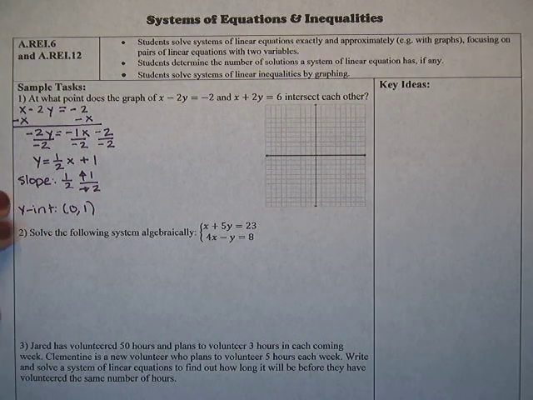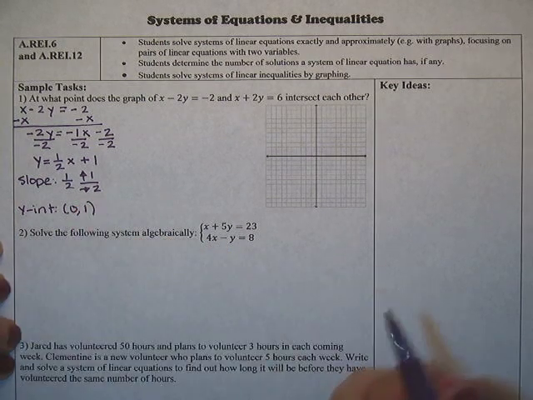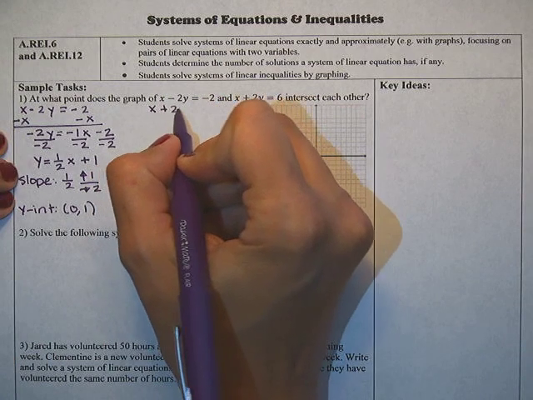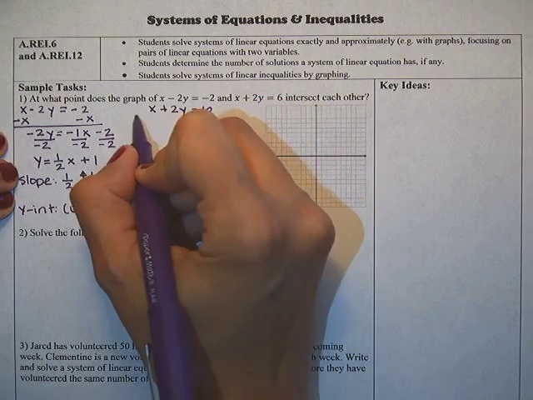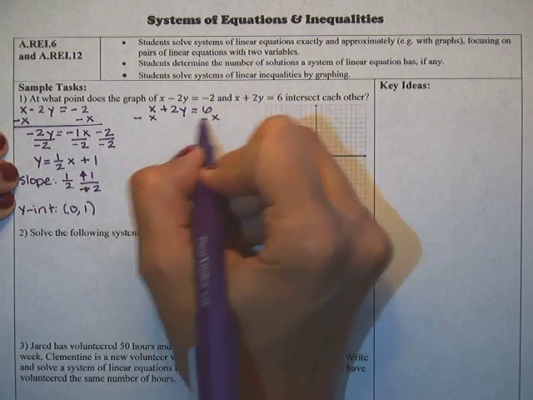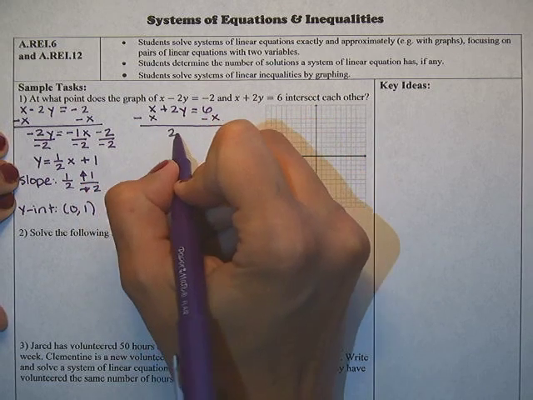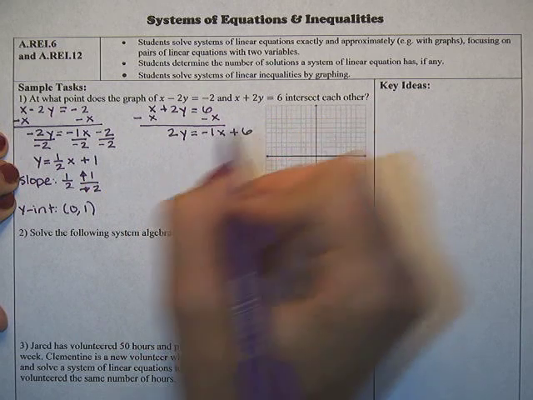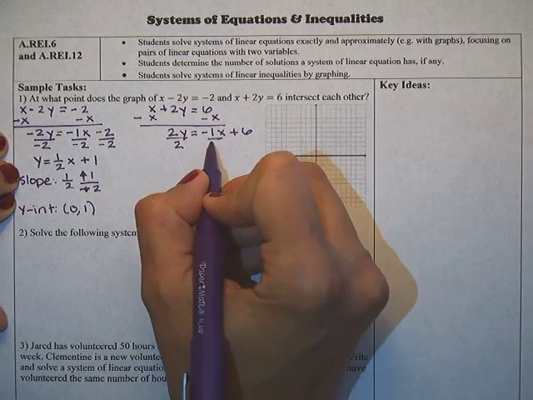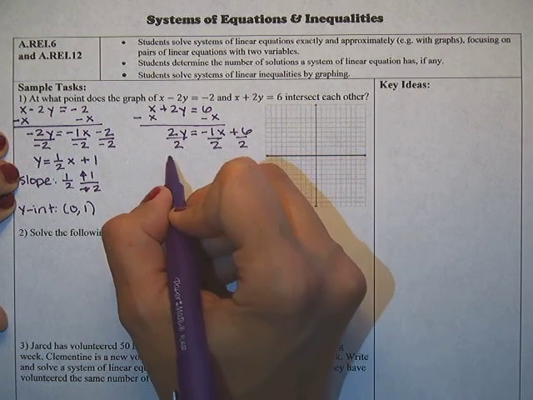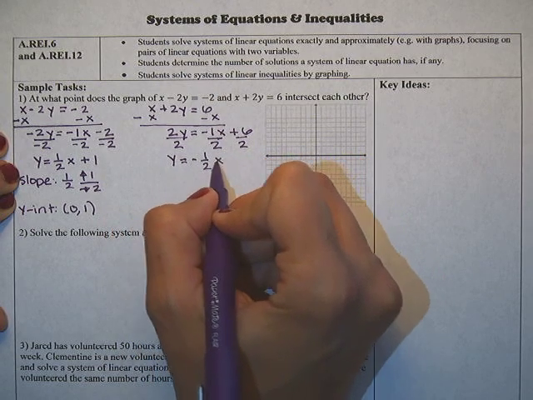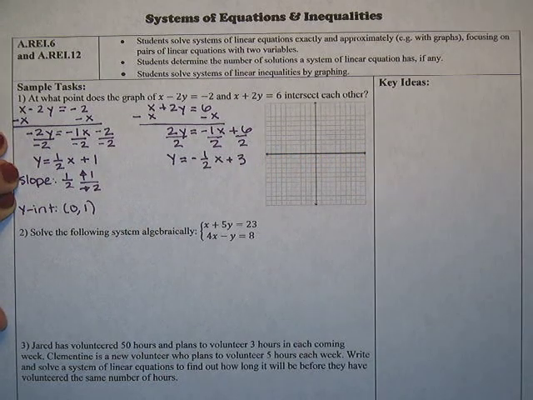So these are the two things that we need in order to graph this equation. But before I graph it, I'm just going to go ahead and write this second equation in slope-intercept form. So I'm going to subtract x from both sides, and I get 2y equals negative 1x plus 6. Divide everything by 2. y equals negative 1/2 x plus 3.